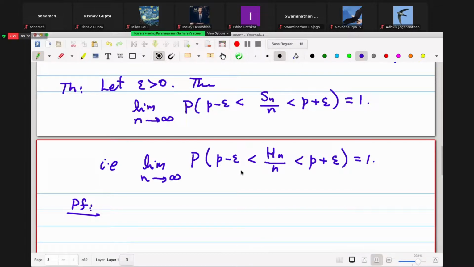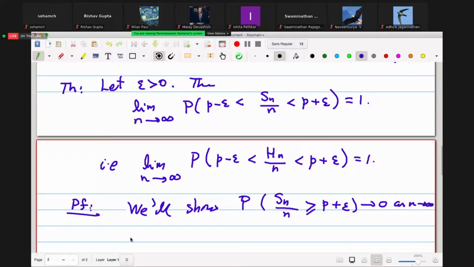So we will show the probability that Sn by n is bigger than or equal to p plus epsilon goes to 0 as n goes to infinity, and the probability of Sn by n less than or equal to p minus epsilon goes to 0 as n goes to infinity. You may as well forget about Sn, but if you want to keep thinking in terms of Sn, that's also okay.